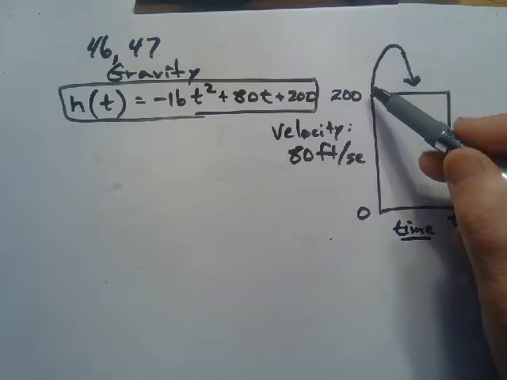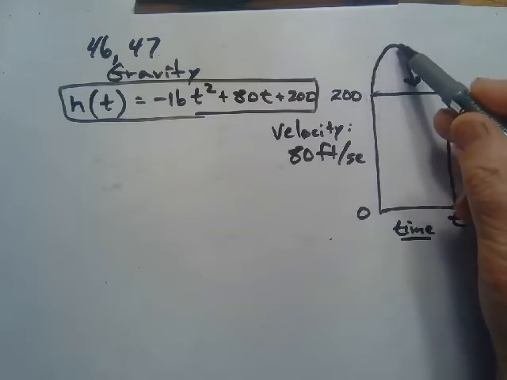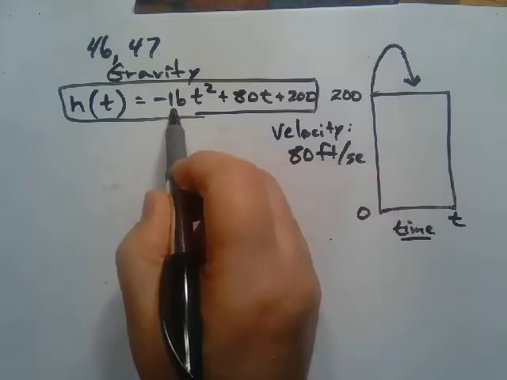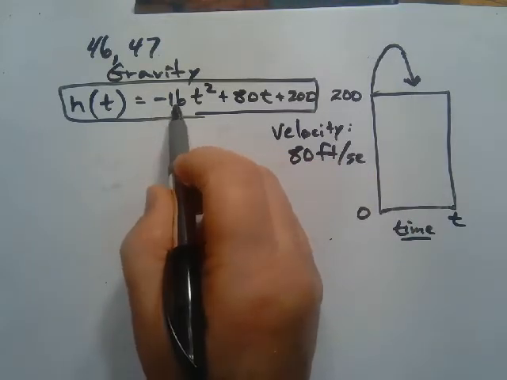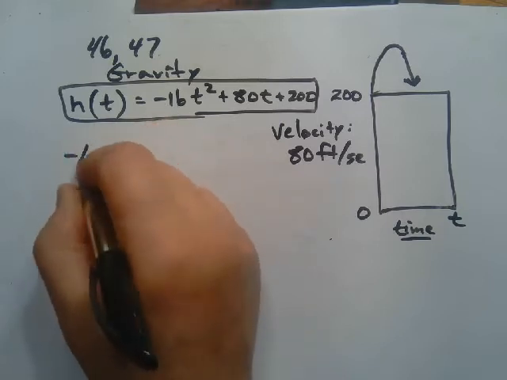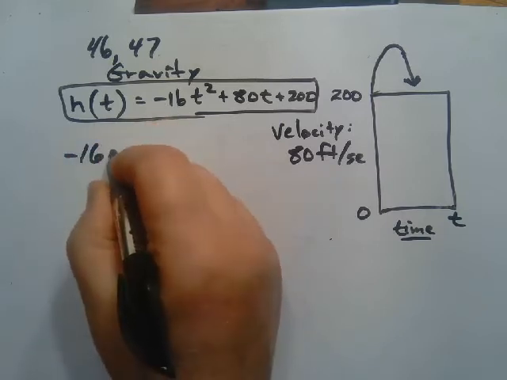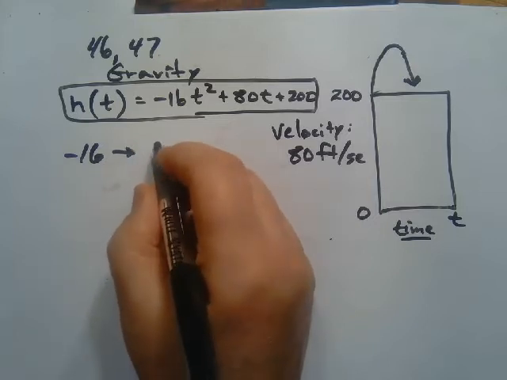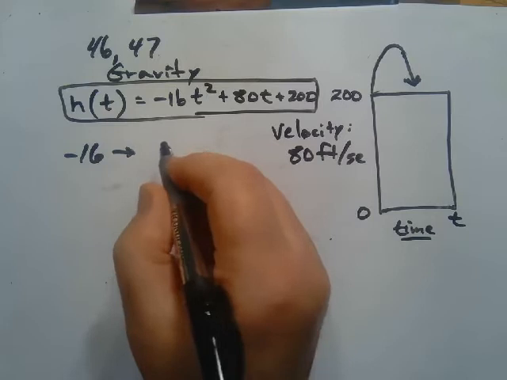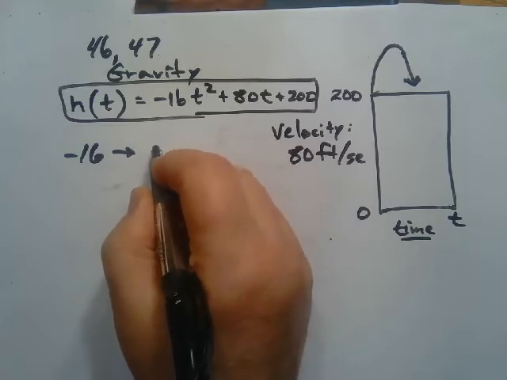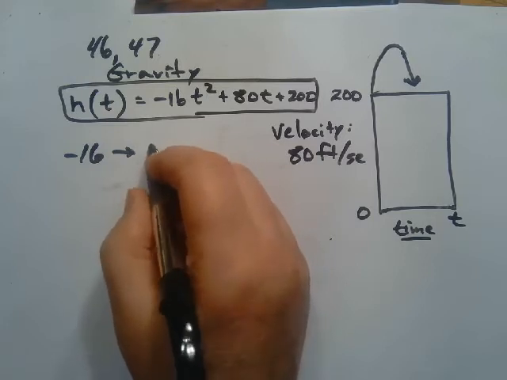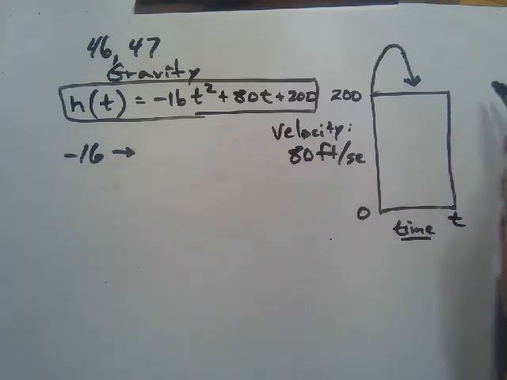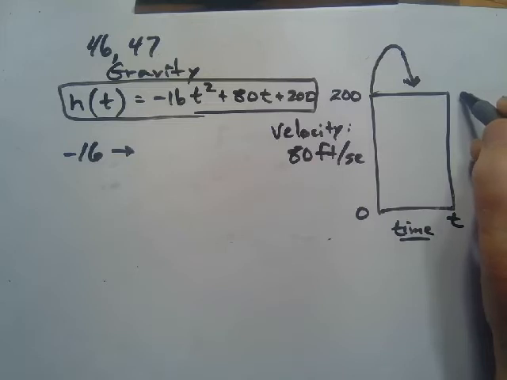And the reason it's coming back down, of course, is because of gravity. There's a number in here that is never going to go away. It's -16. The number -16 refers to the force of gravity in feet, 16 feet. So in other words, let's say we drop an object off the top of this building.